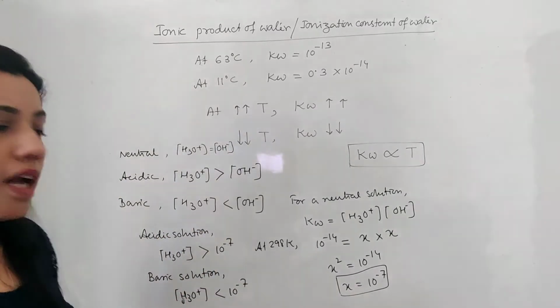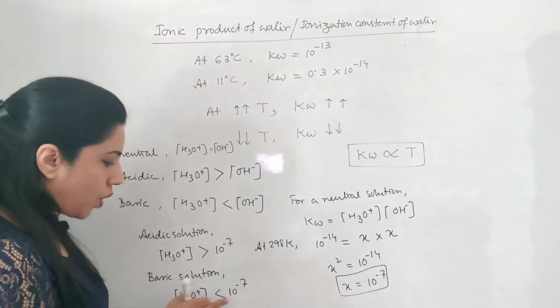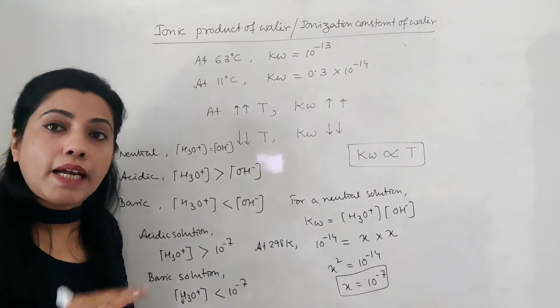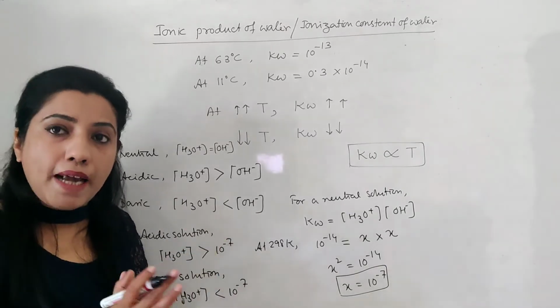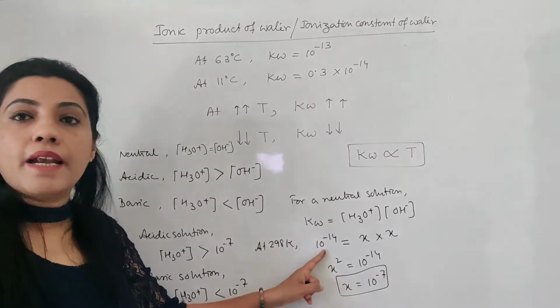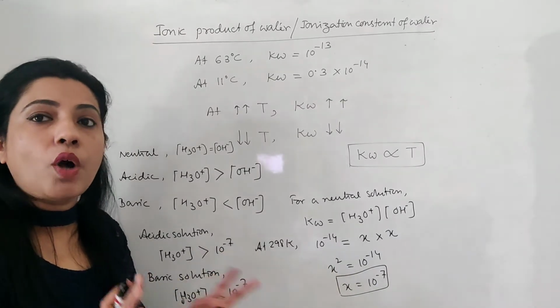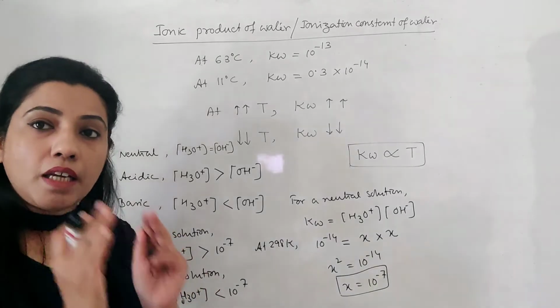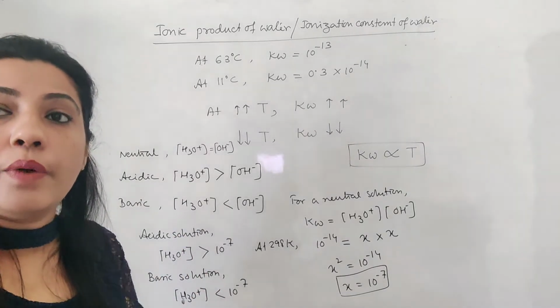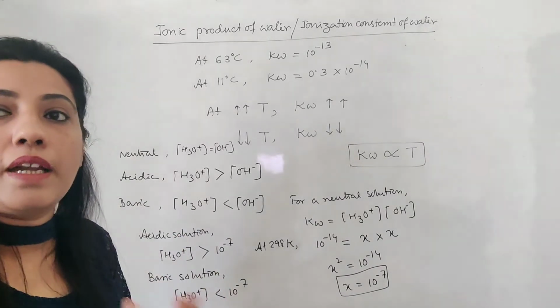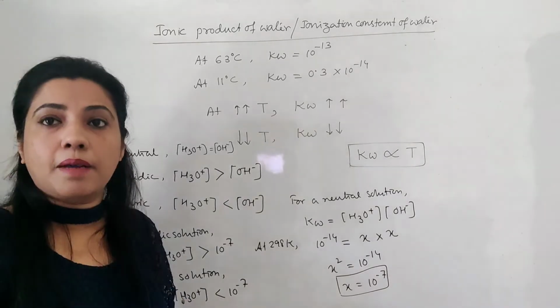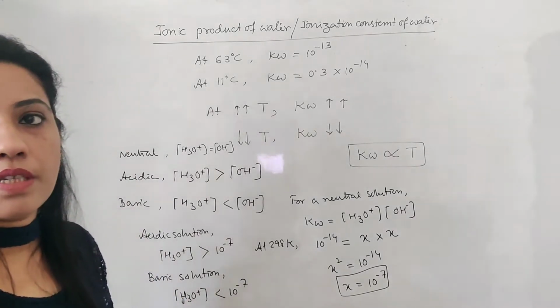So understand that the concentration of H3O plus or OH minus individually can vary, but when you multiply them, the product should come 10 raised to power minus 14 at 298 Kelvin temperature. The product will not vary. It is constant. But the individual concentrations of H3O plus and OH minus will vary, and that is why you get different types of solutions, acidic, basic or neutral.